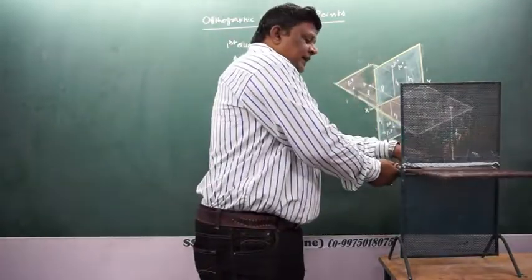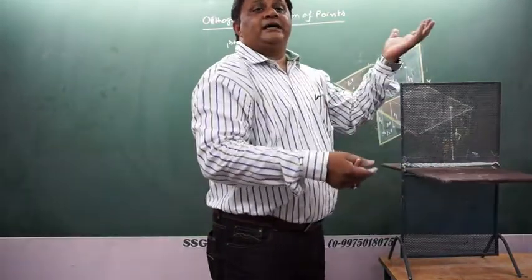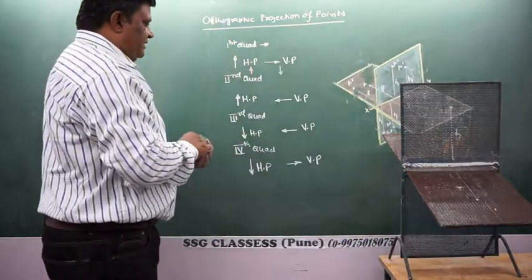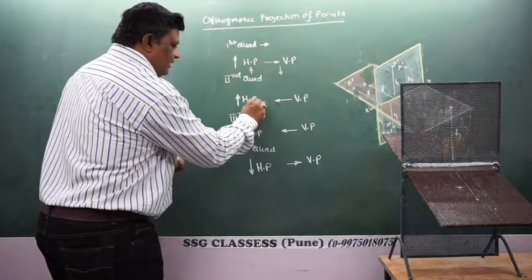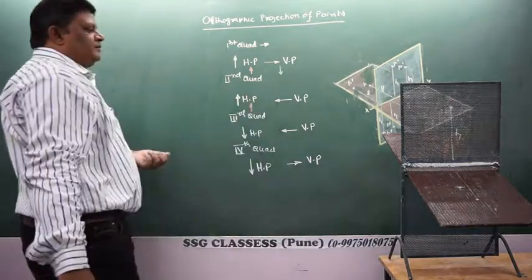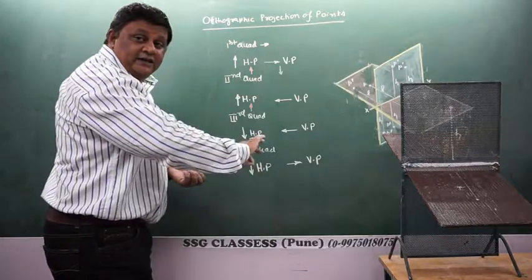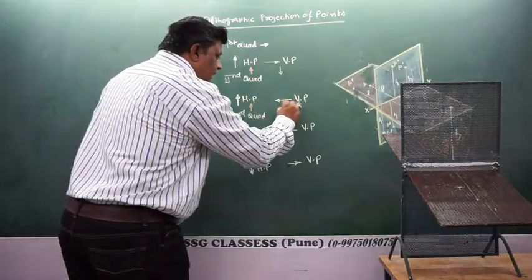So in both cases, it is going above XY line. So in the second quadrant, I can simply say that the distance which was above HP is seen to be above XY line, whereas the distance which was behind VP is again seen to me where? Above XY line.